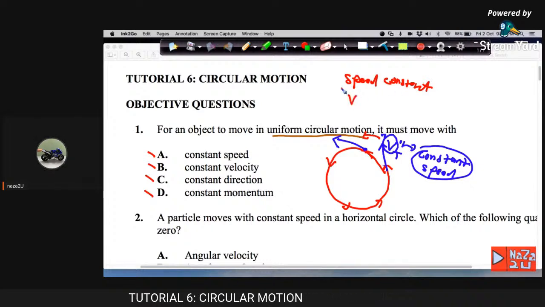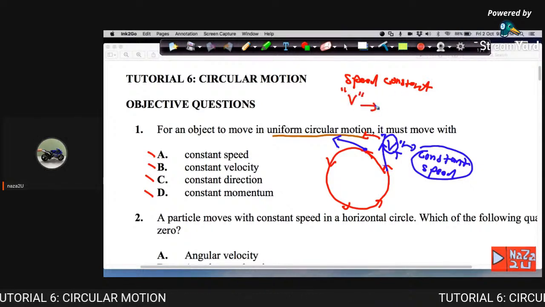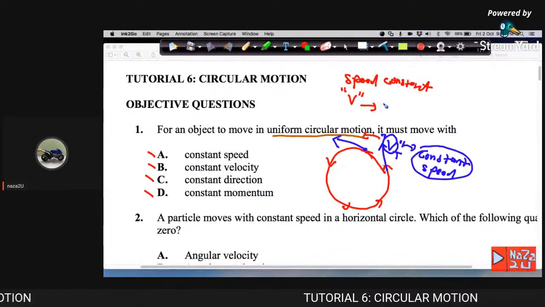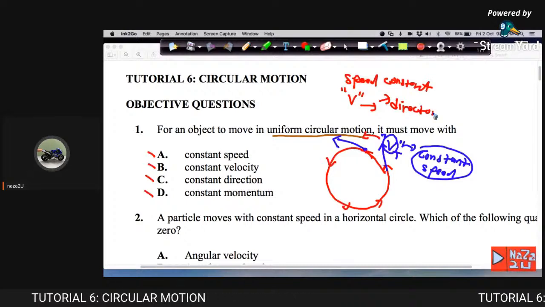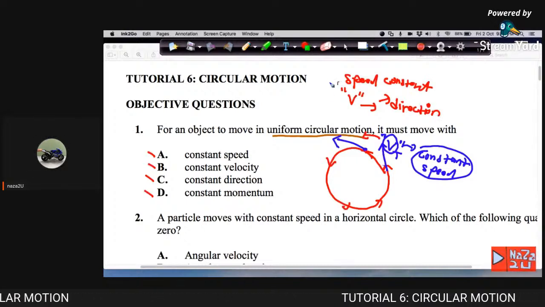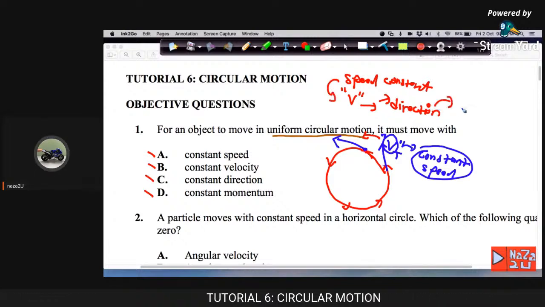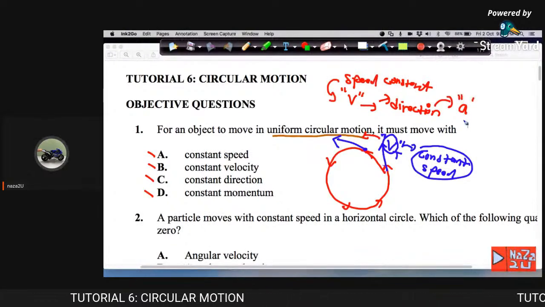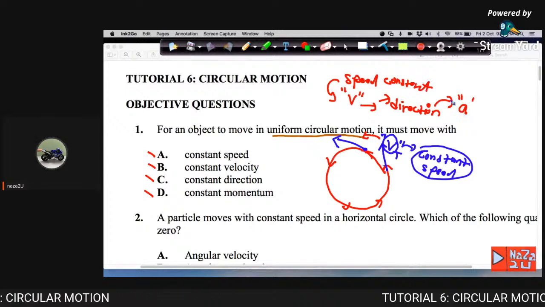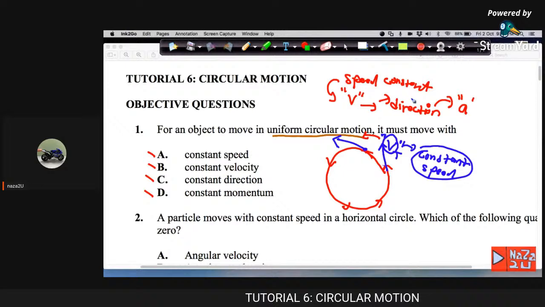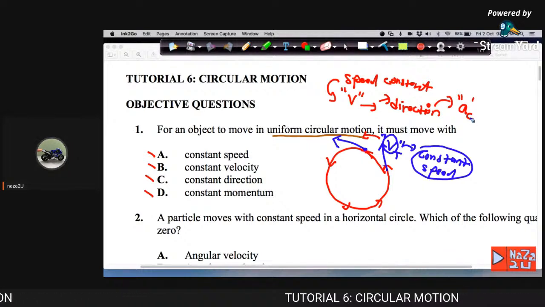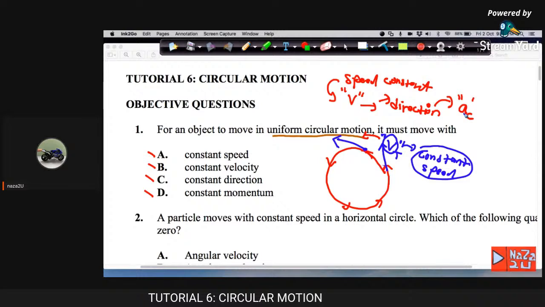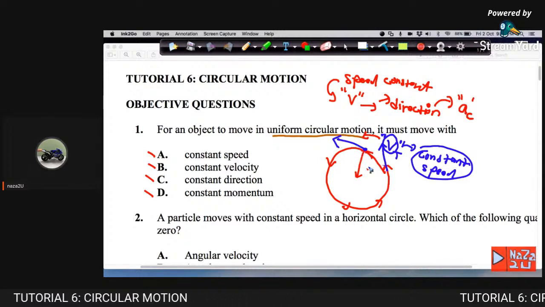But the velocity here is referred to the change of direction of the object. The change of direction produces acceleration, or we call it centripetal acceleration, or AC.